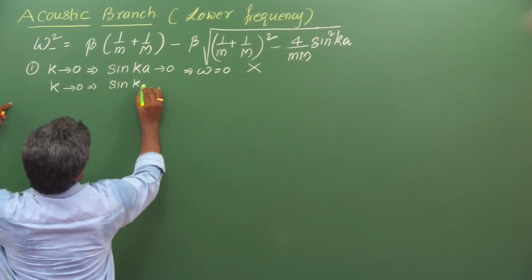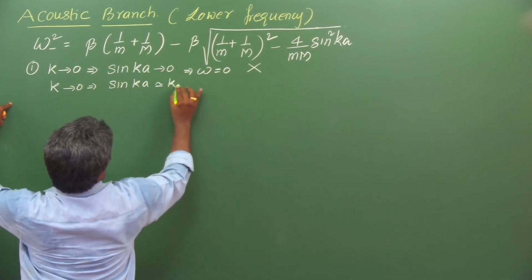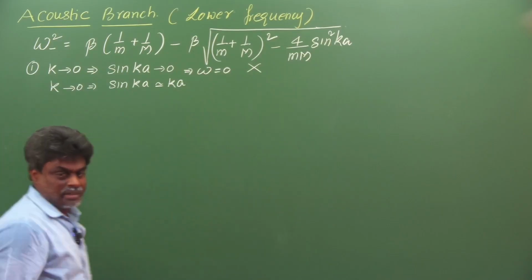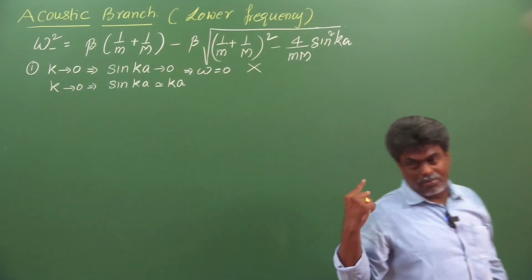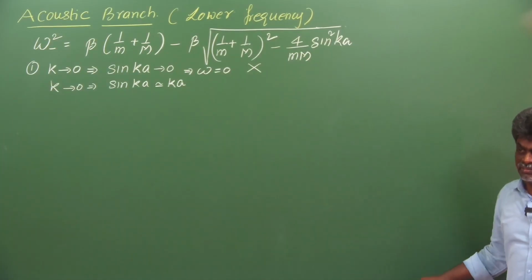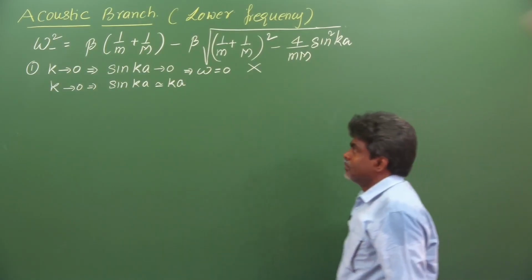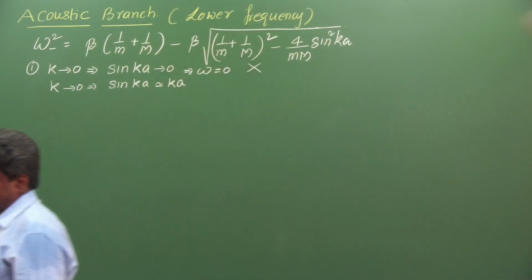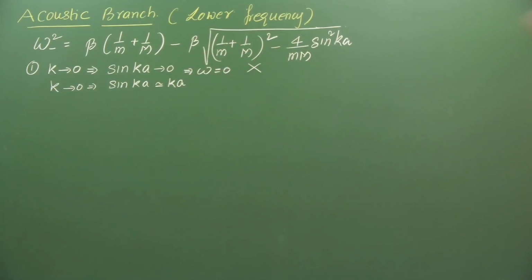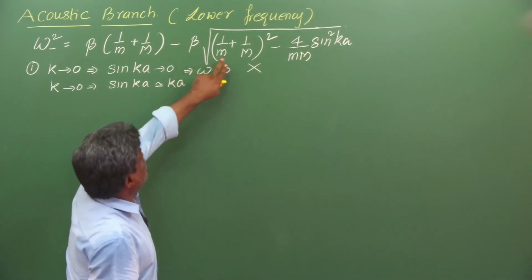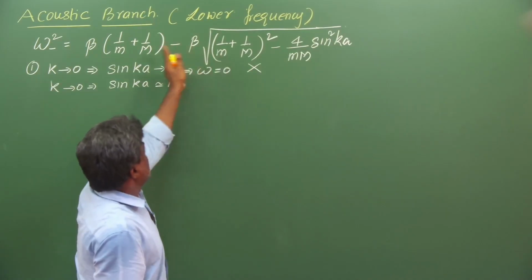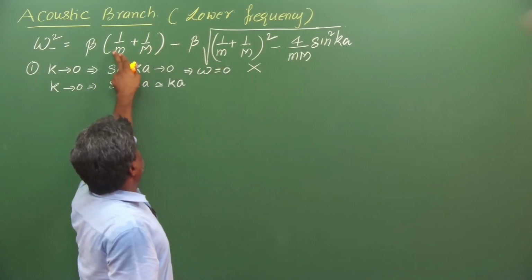Sin theta is nearly equal to how much? Come on, simplify. You have done this in quantum mechanics, group velocity. Take it and simplify. Just take out common, don't get tension. Just take this term out. Then again take common.